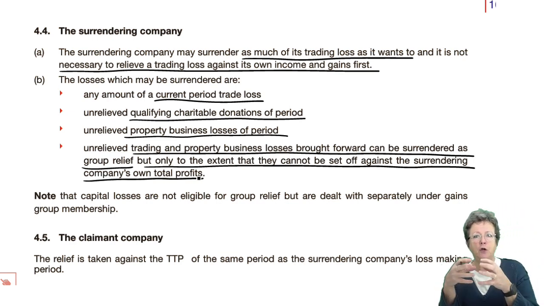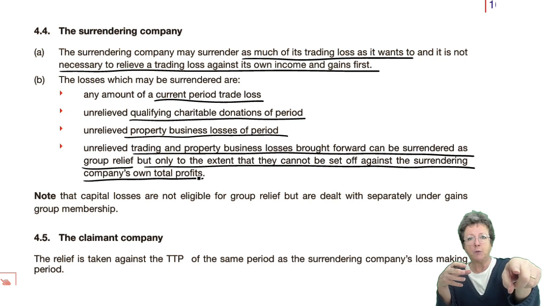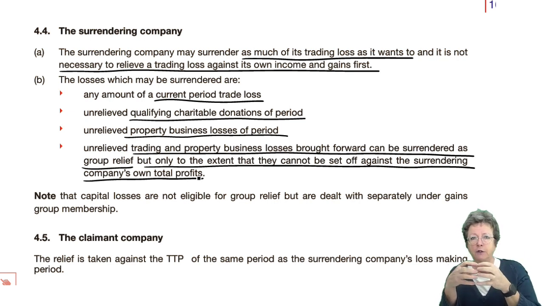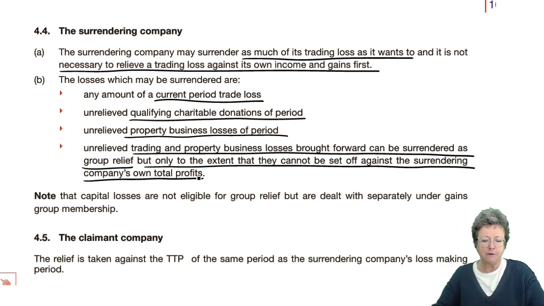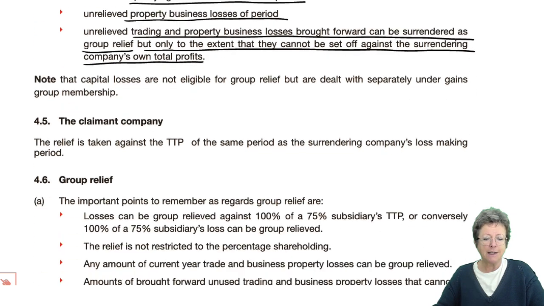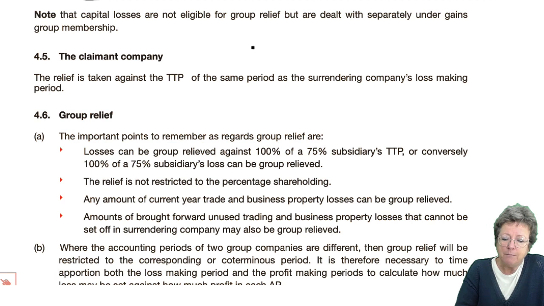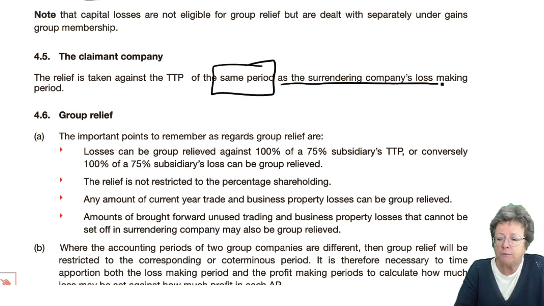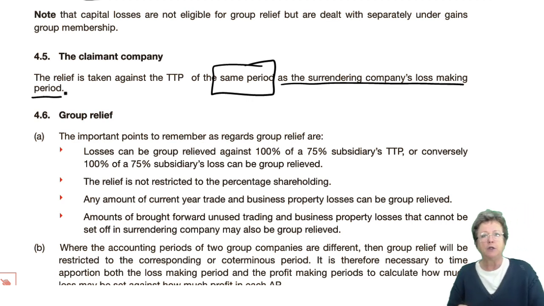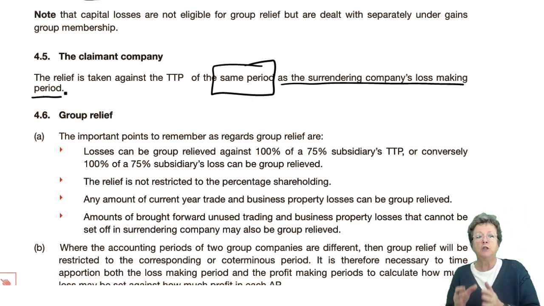So if you've got losses brought forward, you have to use them before you can give them away. That's not the same for current year losses and property losses. You can give them away without having to use them first. Slightly different there. Now the claimant company, the one receiving the loss, must use it in the same period as the surrendering company's loss-making period. You can't carry it forward. You can only utilise it.